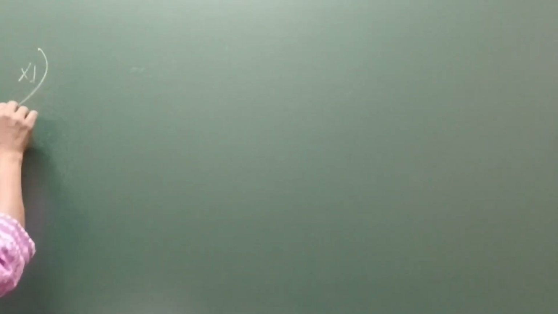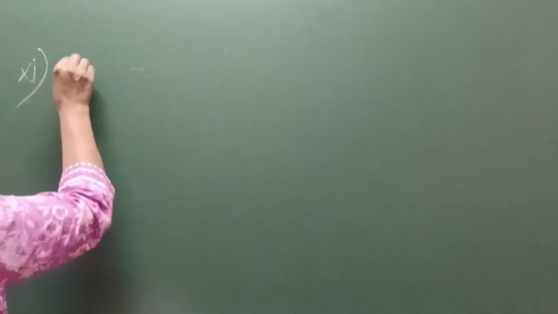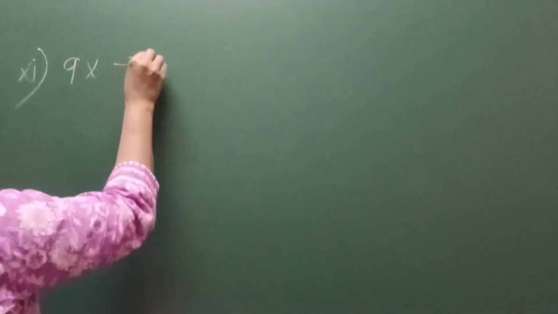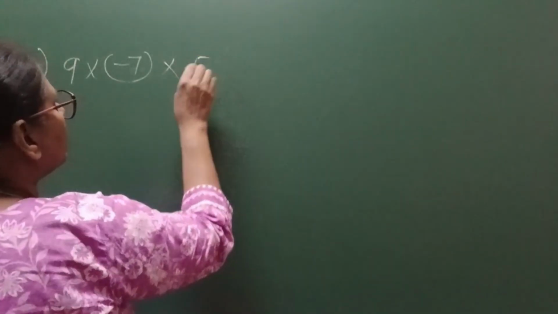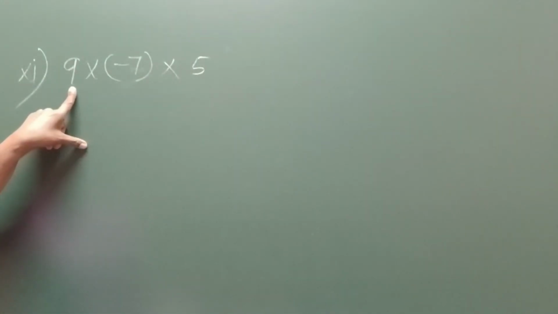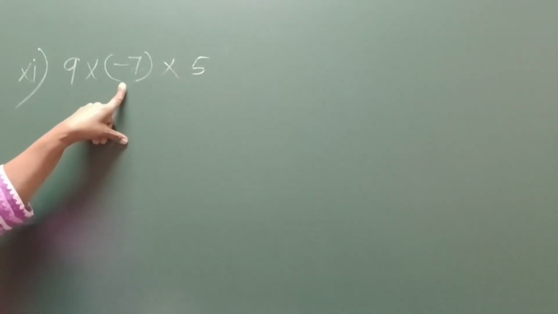Next question. 9 into minus 7 into 5. Here one is positive, the other one is negative, and the third one is positive.